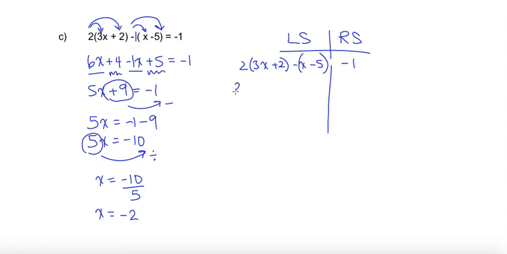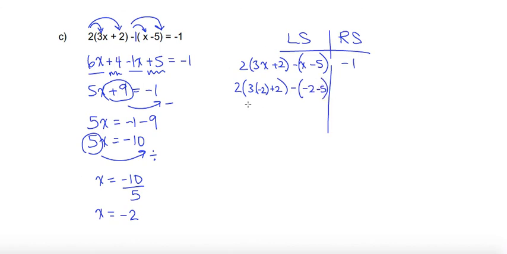So I have 2 times 3 times negative 2 plus 2, close the big bracket, subtracting negative 2. I apologize, I put a plus 2 there again. So I have negative 2 and then take away 5.